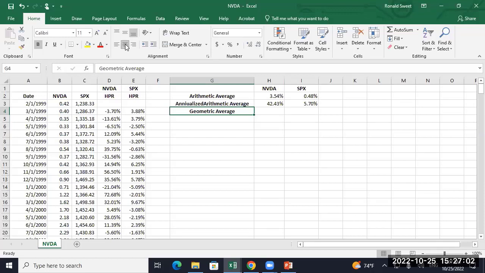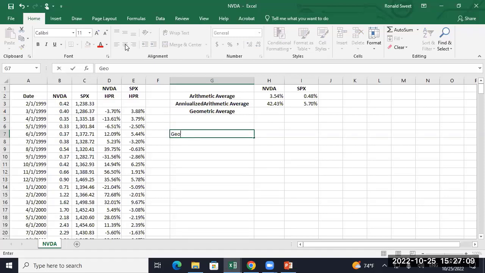The geometric average here, if there is no income, it's really easy. You just take ending value divided by beginning value raised to the 1 over n minus 1. All right.